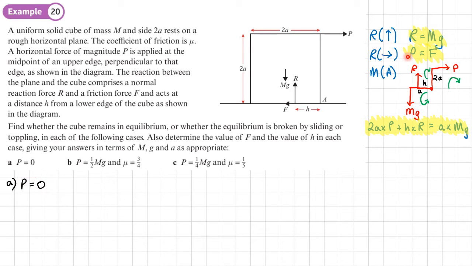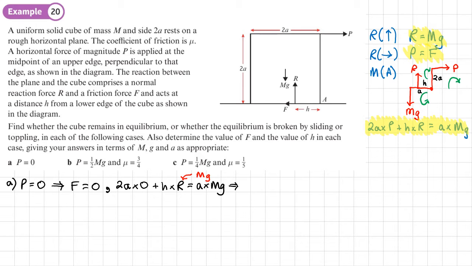So if P is equal to 0, we see P when we resolve horizontally. That means that F is also equal to 0. And if we put P into our moments equation, we will have 2a times 0 plus h times r is equal to a times mg, and we also have that r is equal to mg, which comes from our first equation where we resolved vertically.